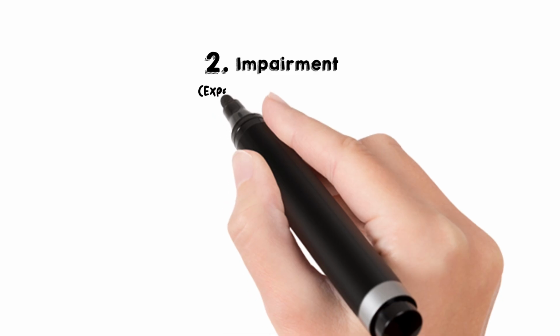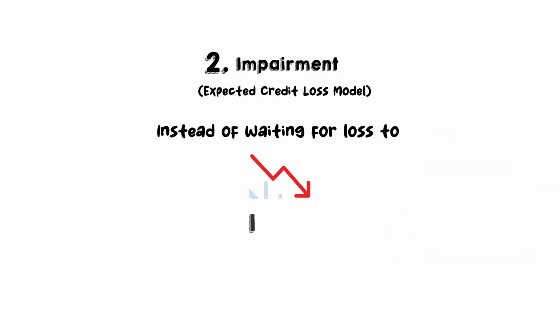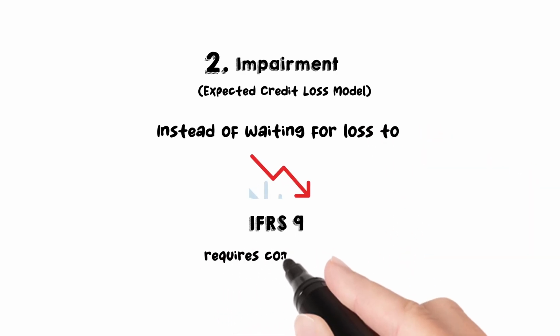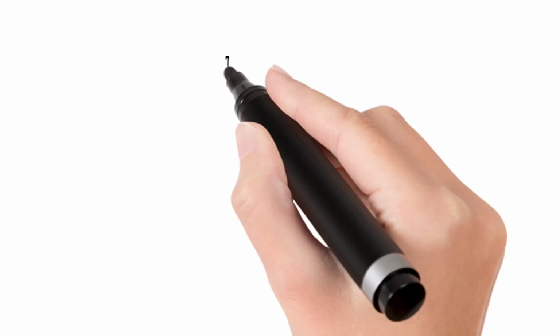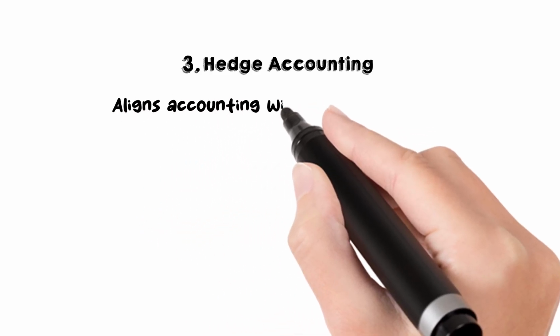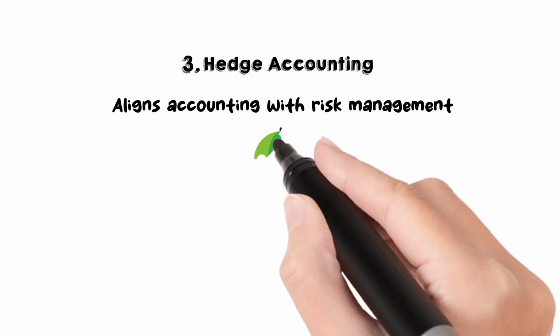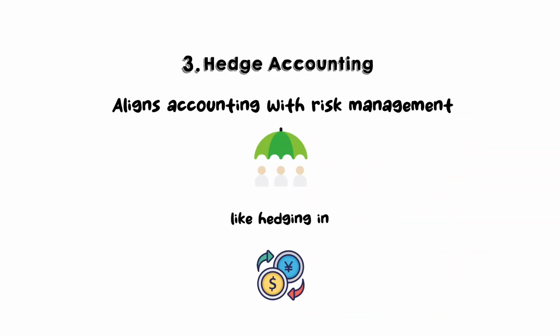Impairment, expected credit loss model. Instead of waiting for loss to occur, IFRS 9 requires companies to estimate future losses in advance. This is called expected credit loss, ECL. 3. Hedge accounting aligns accounting with risk management activities like hedging foreign exchange risk.